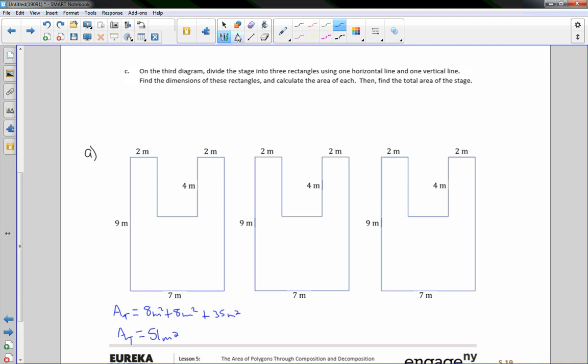So now it's asking us to construct 2 vertical lines. Okay, so that would mean to extend this and extend this. So I know that this whole distance is 9 meters, and I know that this distance is 4 meters. And then if I move this over to here, that's 4.